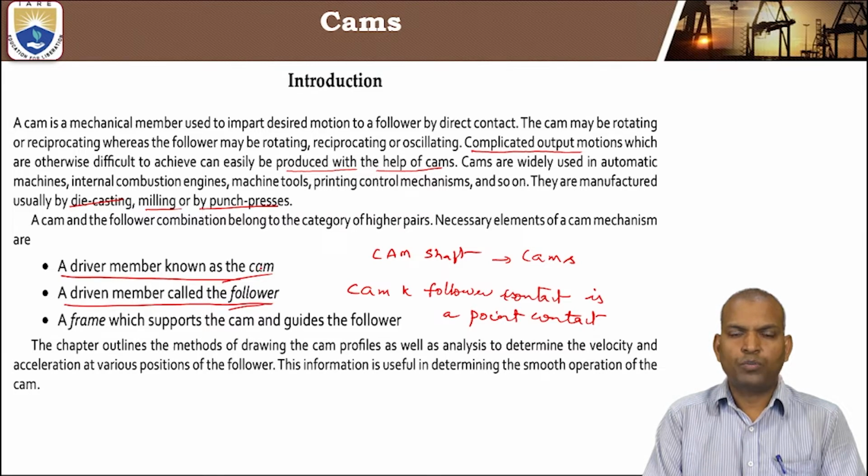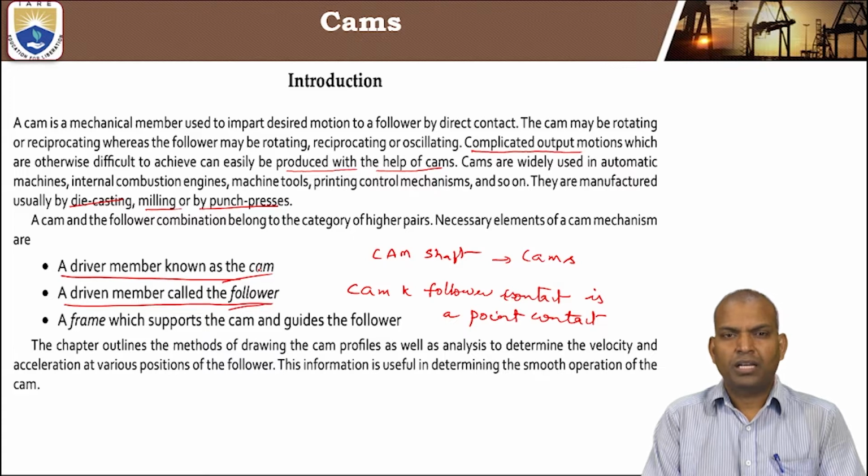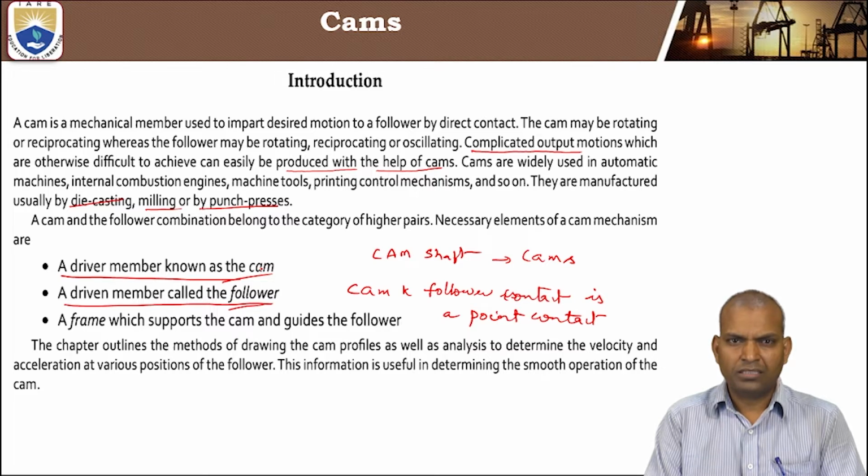The complicated output motion means simultaneous motions in a mechanism. Suppose in a slider crank mechanism, when the crank is rotating, the slider slides within the cylinder.